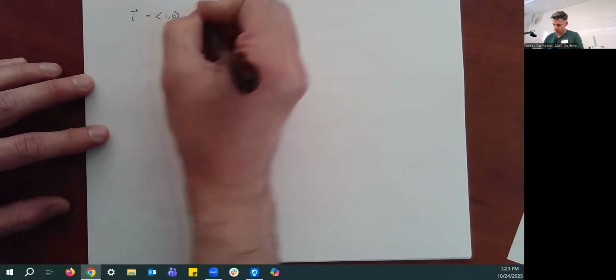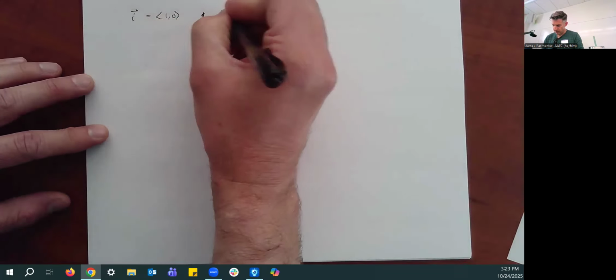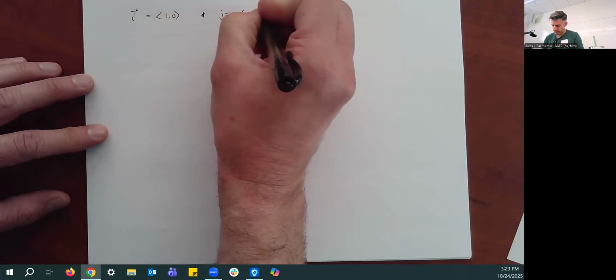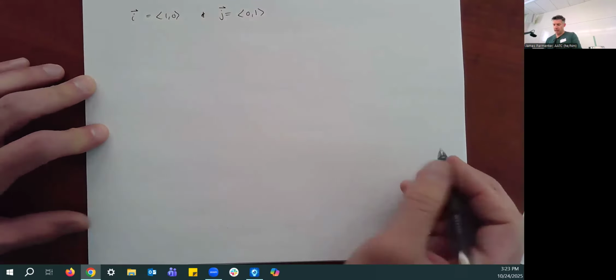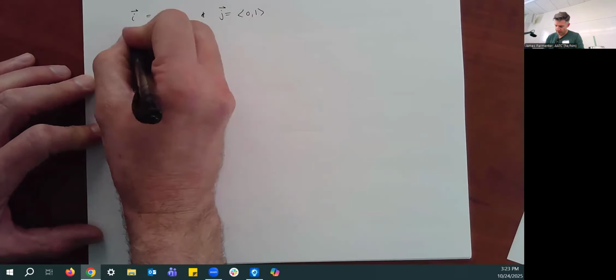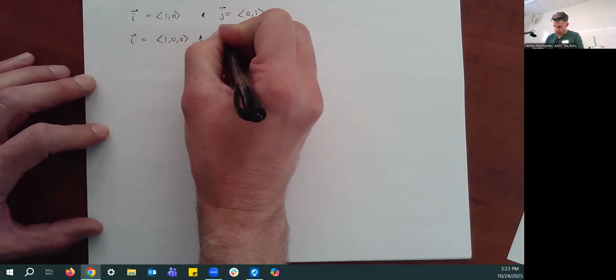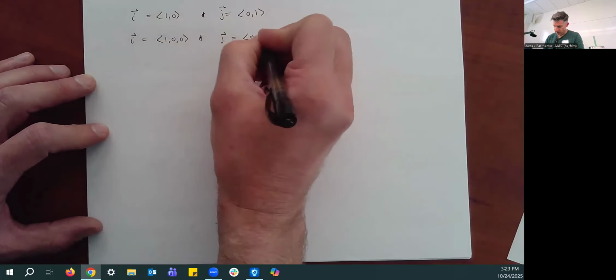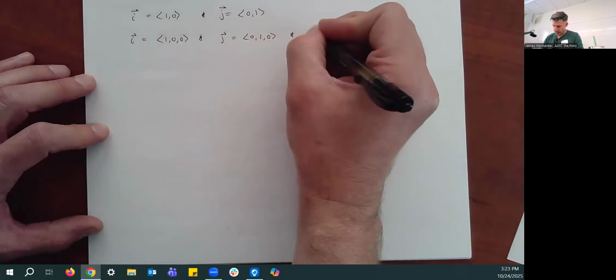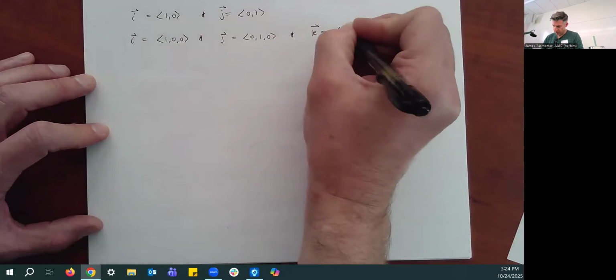So, vectors we have in 2 dimensions or 3 dimensions. I'll remind you all, I know I said that the unit vector I is 1, 0, and the unit vector J is 0, 1. But it's also appropriate to say that the unit vector I is 1, 0, 0, and J is 0, 1, 0, and K is 0, 0, 1.